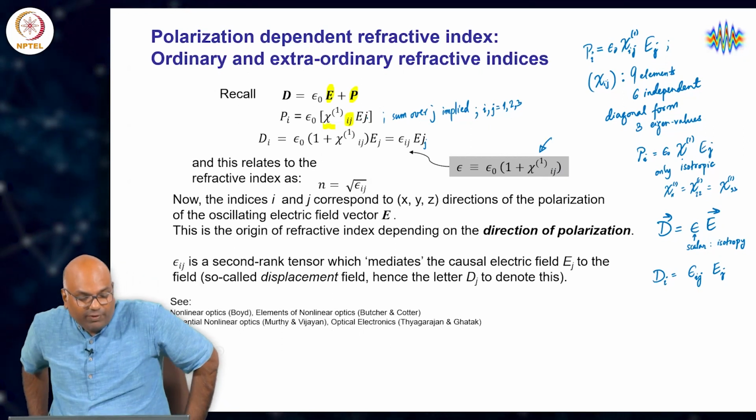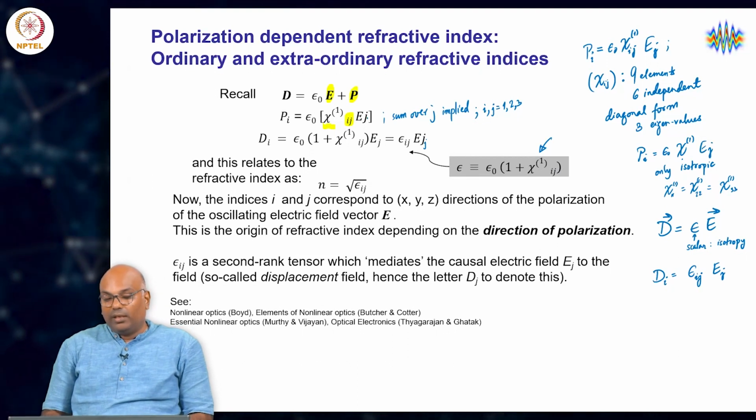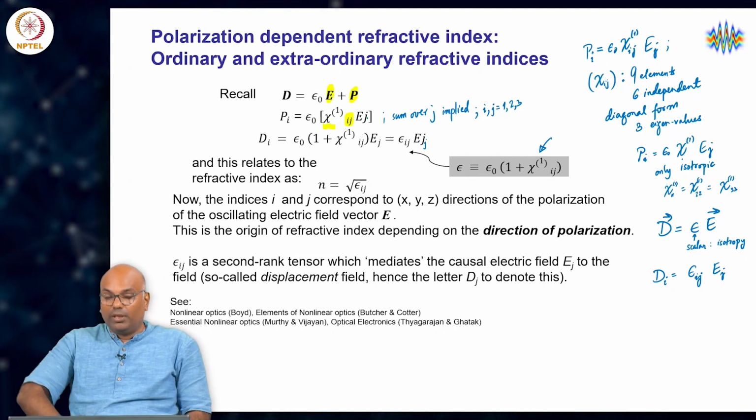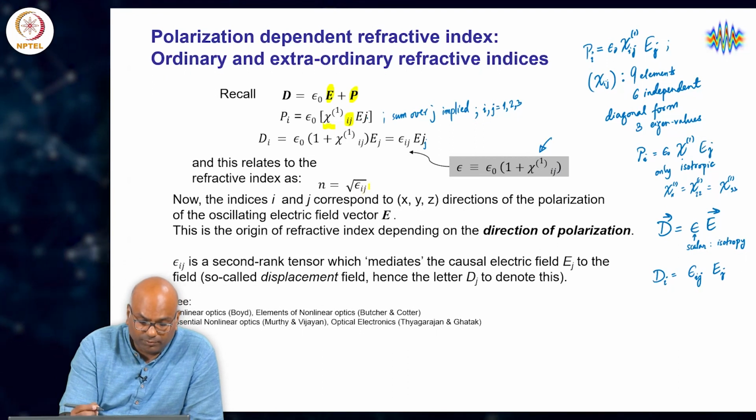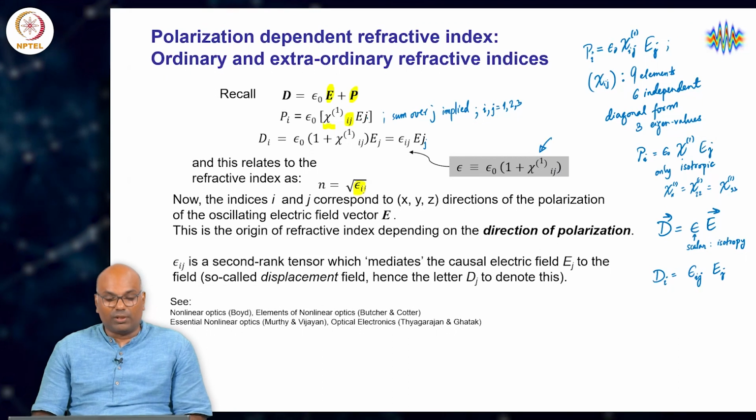But we know the relationship between refractive index and the dielectric constant epsilon. We already examined all this in terms of chi, so this is a bit of a repeat.